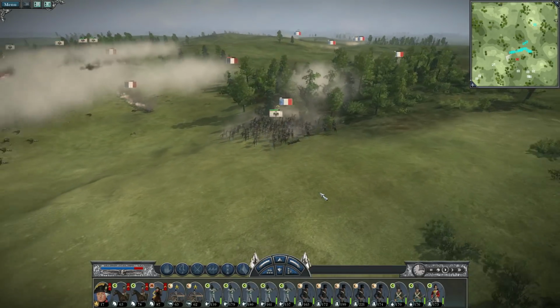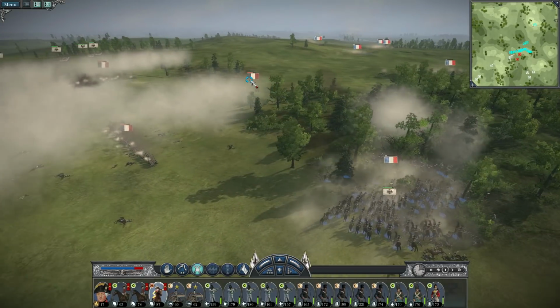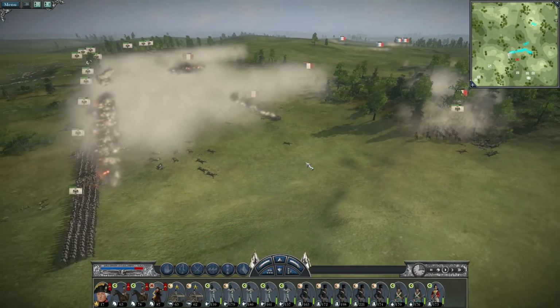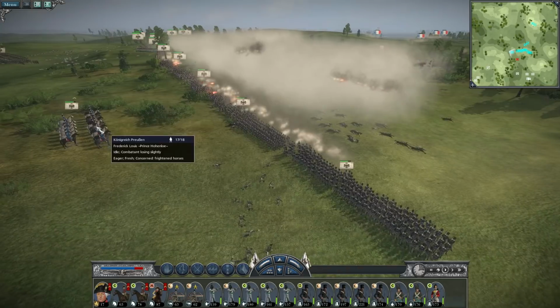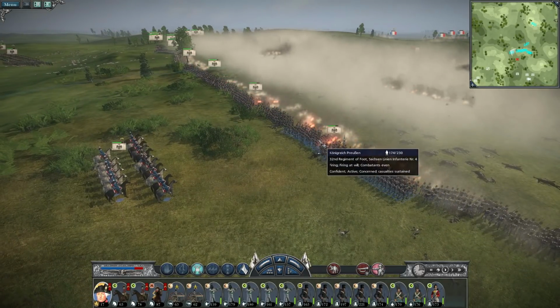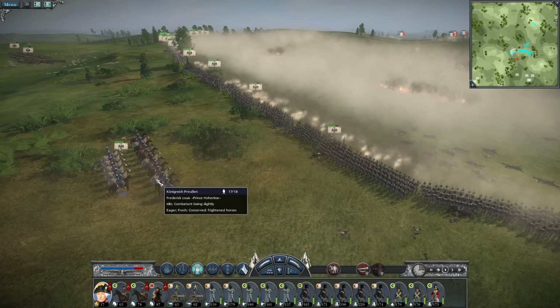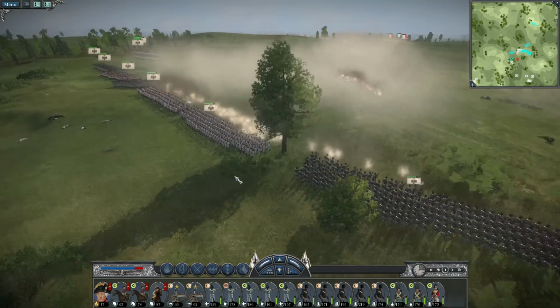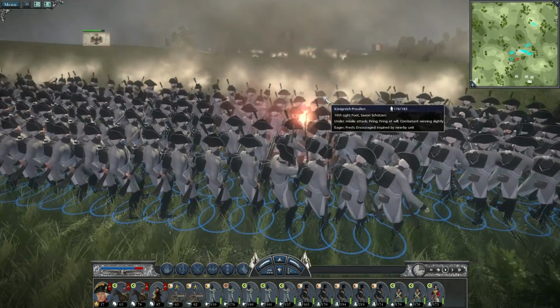Keep up on those. Destroy them. I guess you'll go for the cannons, and then I think we can break the others just by musket fire. I will go ahead and inspire this line. Fight the good fight, or I guess aim true.